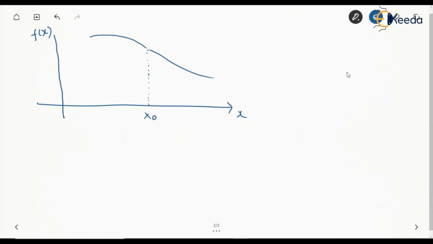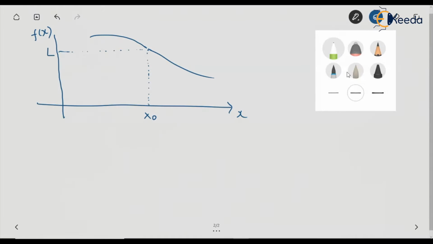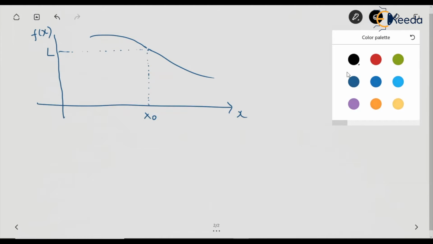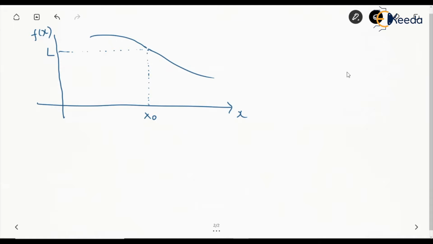There are chances, it's not necessary, but there are chances that the function may not be defined at, you can see a small break here, so may not be defined at that point x is equal to x naught, and this value is nothing but L. So the understanding is, when your x, the variable, is approaching x naught, it may be approaching from the left hand or it may be approaching from the right hand.